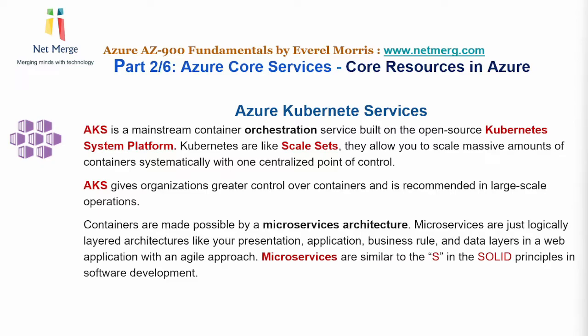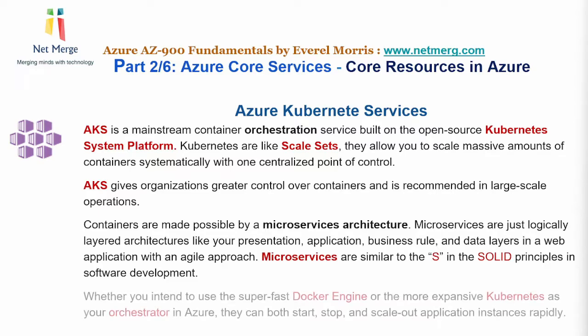So remember that if you're a software developer, you recall the SOLID principle. It doesn't matter what language you code in. Microservices are just that, one single responsibility that it could do really quick for you. And again, we're using the Docker engine for expansive Kubernetes as well.